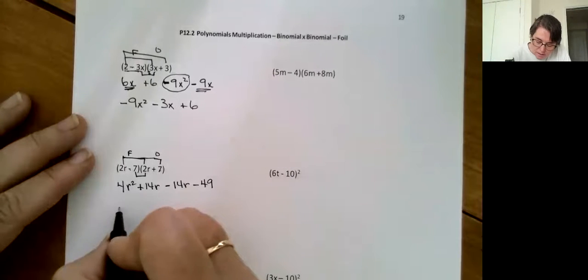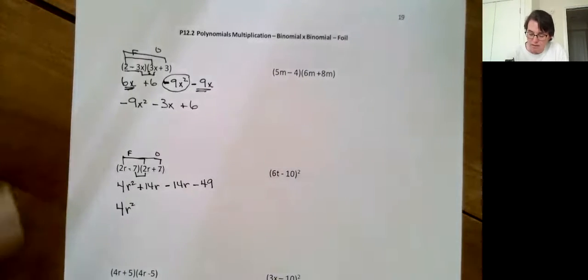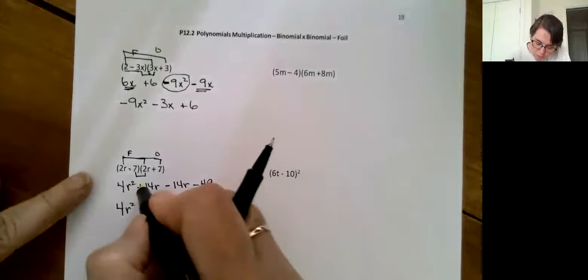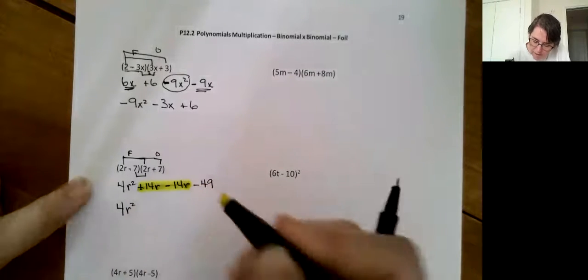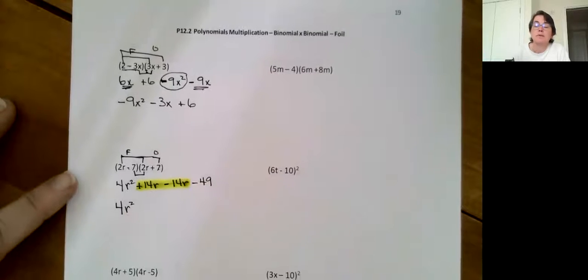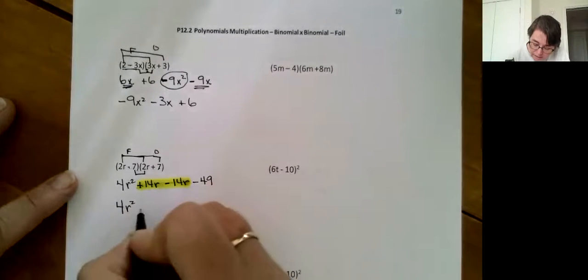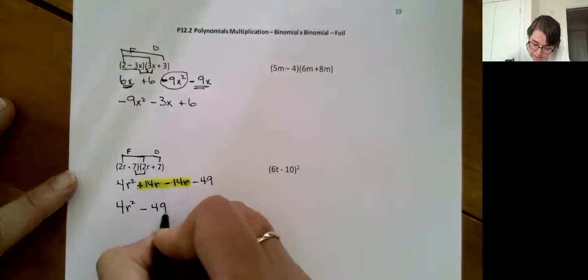Now, this is so cool. 4r squared. Now, look. I'm even going to highlight it because it's so cool. We have plus 14r and negative 14r. You know what happens when you put those together? Nothing. It's gone. It disappears.